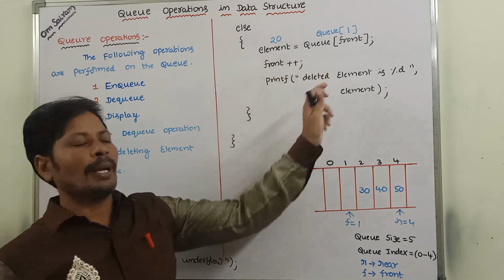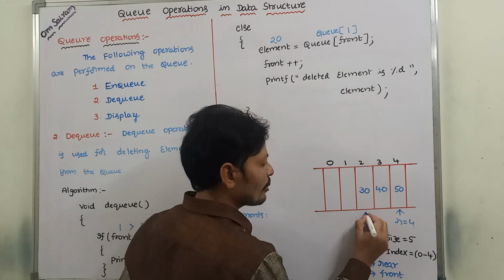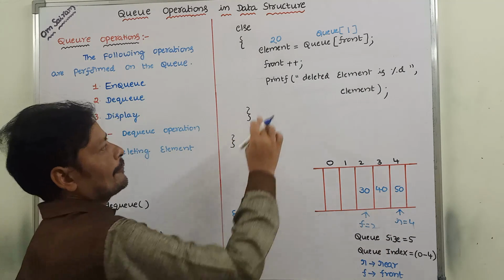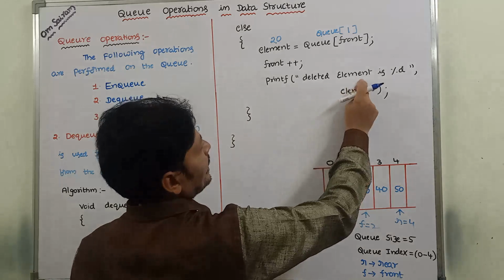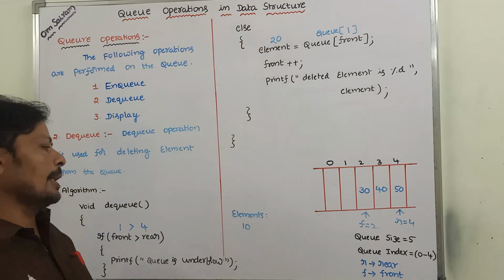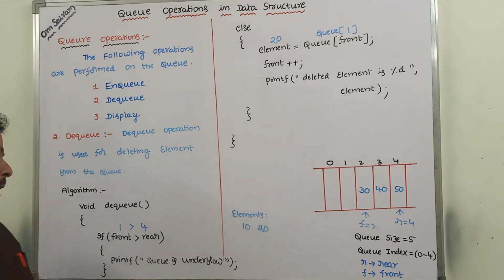Next one, front plus plus. So now front value is incremented. Previously it is 1, now it is 2. After that, printf the deleted element is. Which element we are deleted from the queue? 20. That element can be printed. 20 is printed.